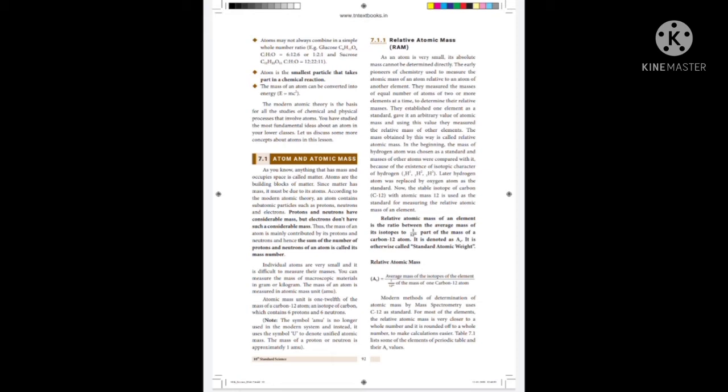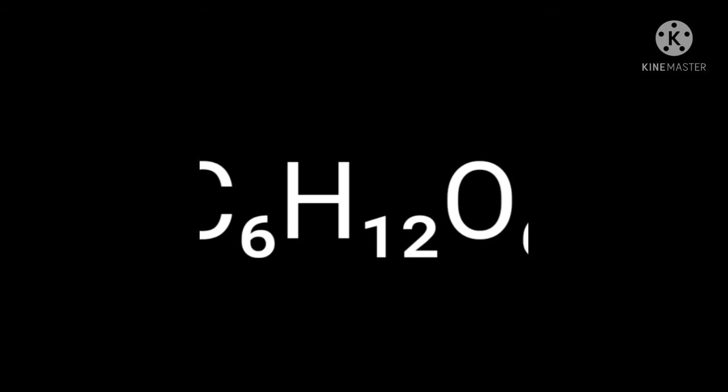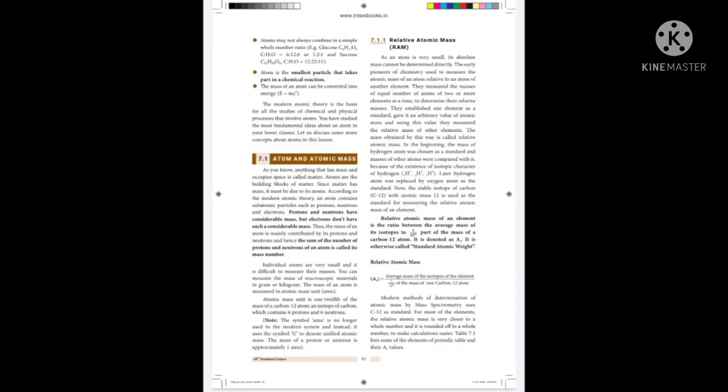Atoms may not always combine in a simple whole number ratio. Example, glucose and sucrose. Glucose, its molecular formula is C6H12O6. The ratio C:H:O is 6:12:6, which is equal to 1:2:1.